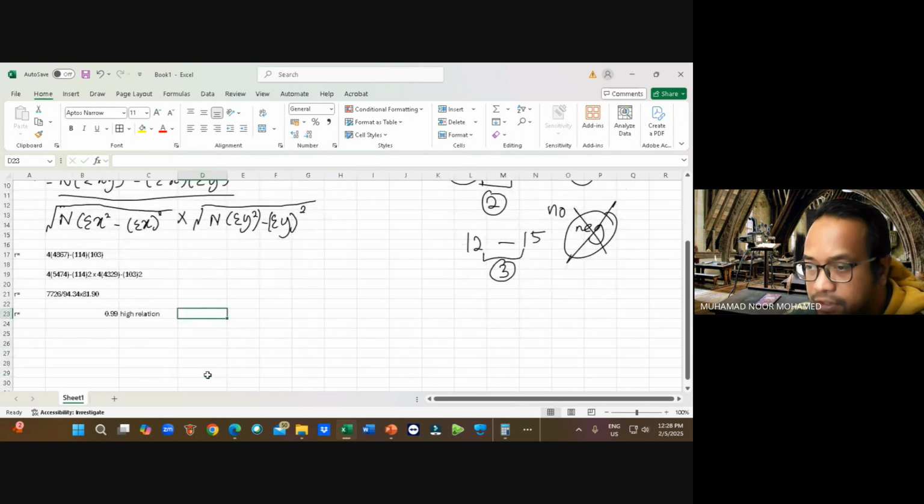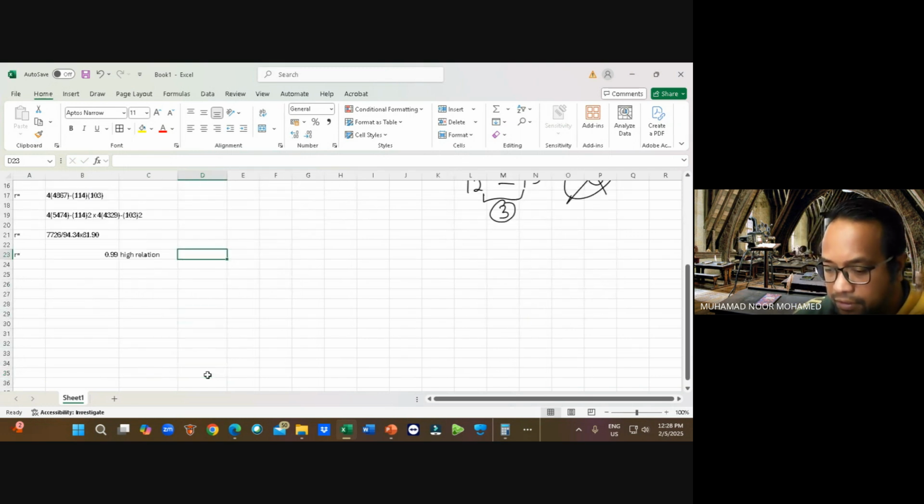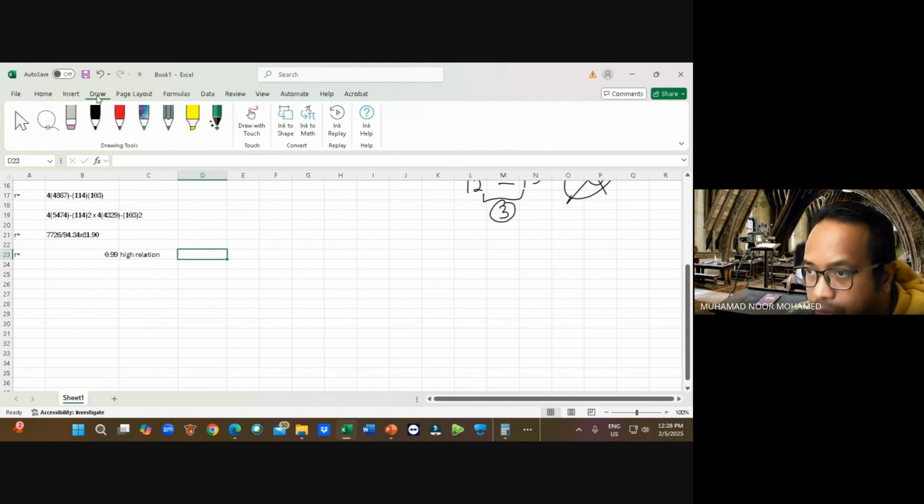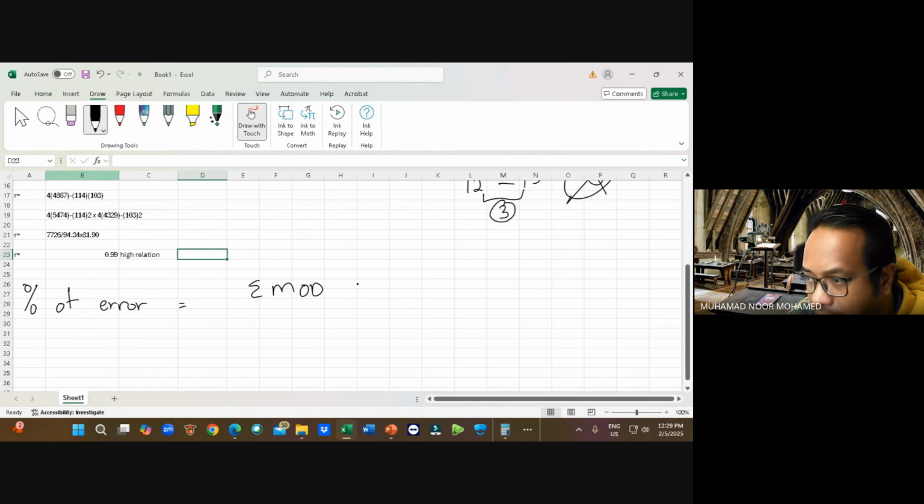So to take things further, we are going to calculate its percentage of error. To do so, we are going to use this equation. Percentage of error equals the summation of the modulus of x minus y divided by the total mean, which we can find from x plus y divided by 2.